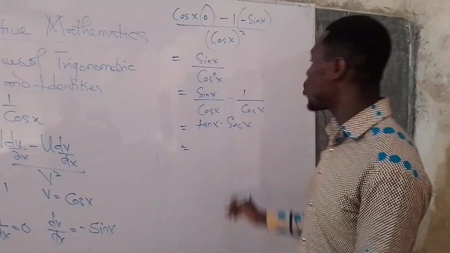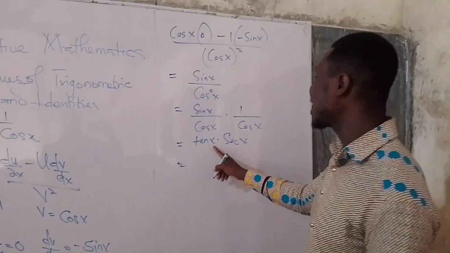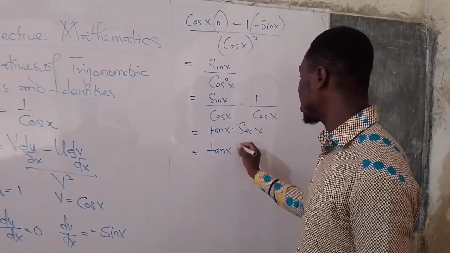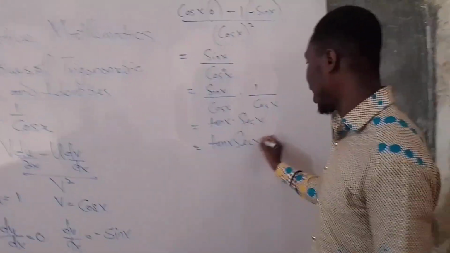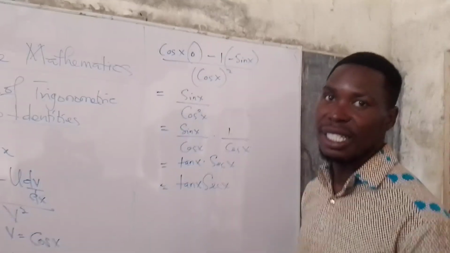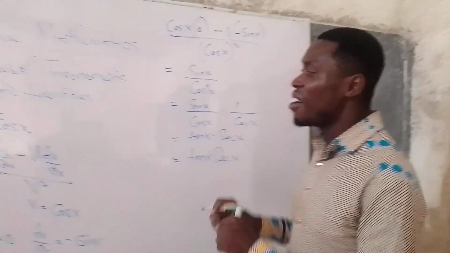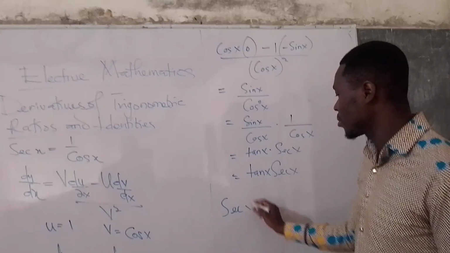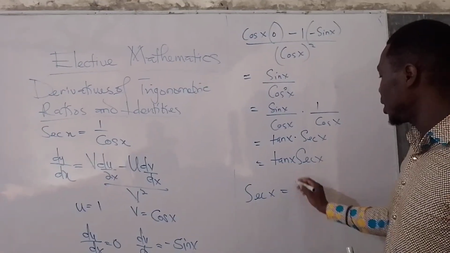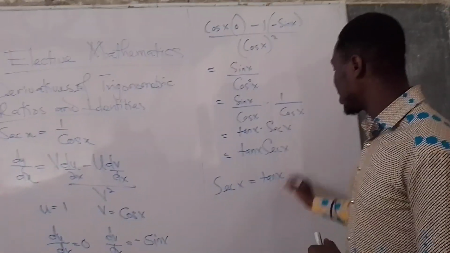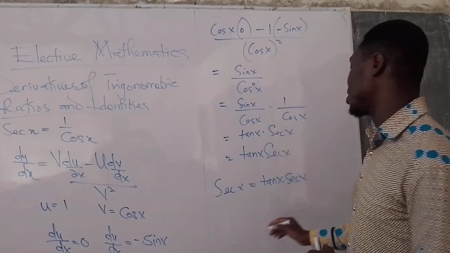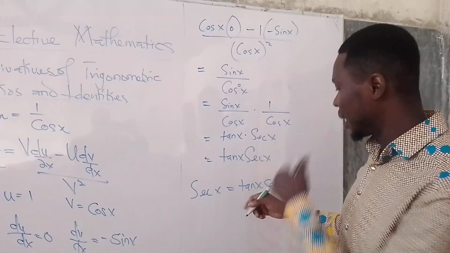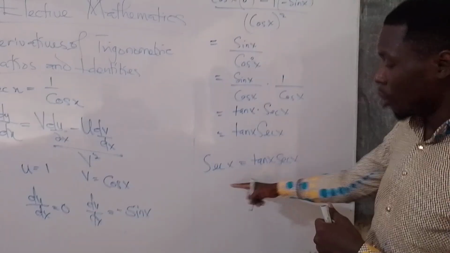So when we multiply the two, we have tan x sec x. So it tells us that the derivative of sec x is simply tan x sec x.